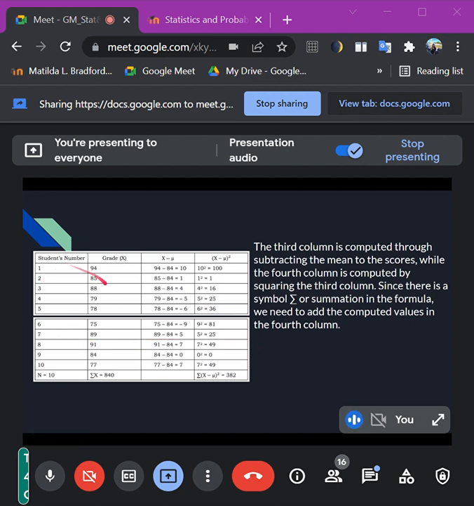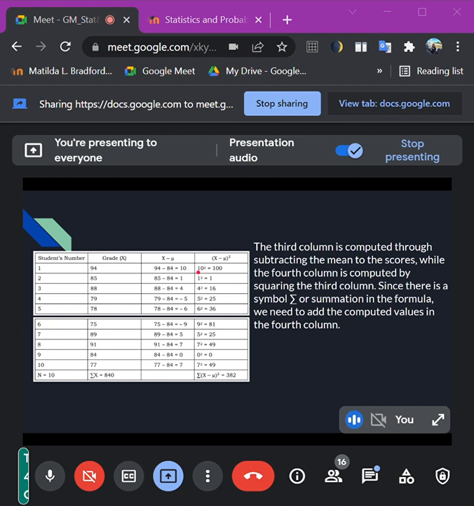So now let's try to solve for our population variance and standard deviation. We have the same data, which is the students' number and grade, but this time we added columns. The third column is computed by subtracting the mean from the scores, while the fourth one is computed by squaring the third column. So we subtracted the mean from the given data.